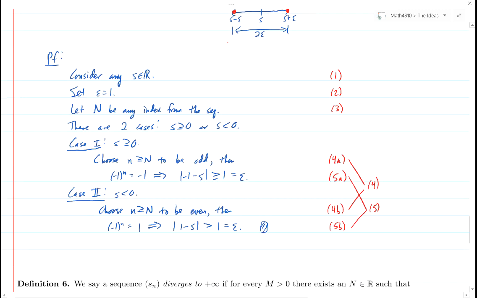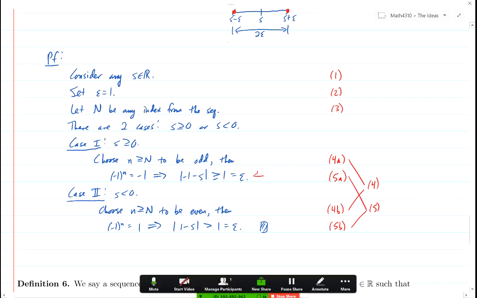It'll be an odd integer. Then what does that mean? Well, as I show here, that means that the distance between that term and this number that's greater than or equal to 0 has to be greater than or equal to 1, which is my epsilon. So I call that step 4a, and the conclusion I got was 5a.